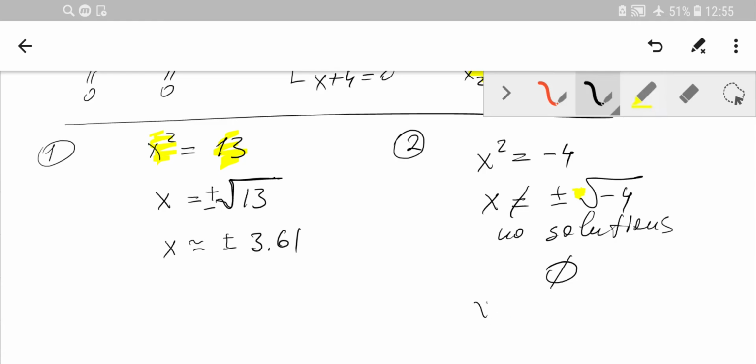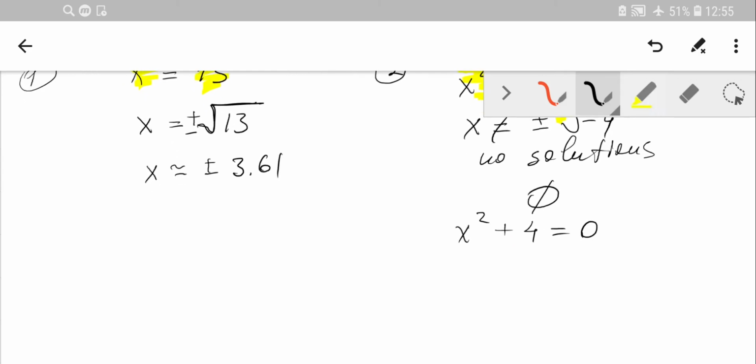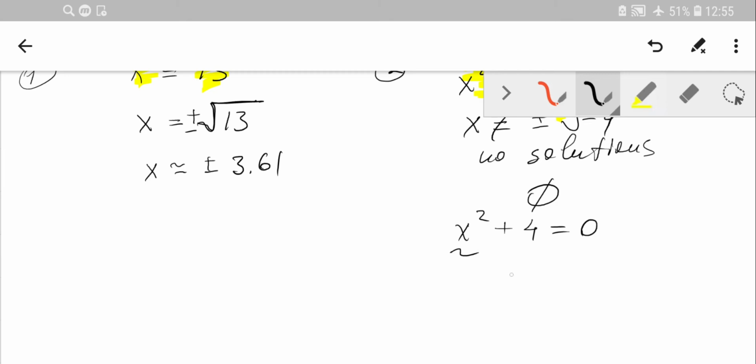I'll try to prove why we're not able to take the square root of negative 4, or basically why that equation doesn't have any solution. What if we transfer negative 4 to the left side? We'll get x squared plus 4 equals 0. It turns out that the minimum value for x squared is just 0, because it cannot be negative, so this part is always positive, or 0 at least.